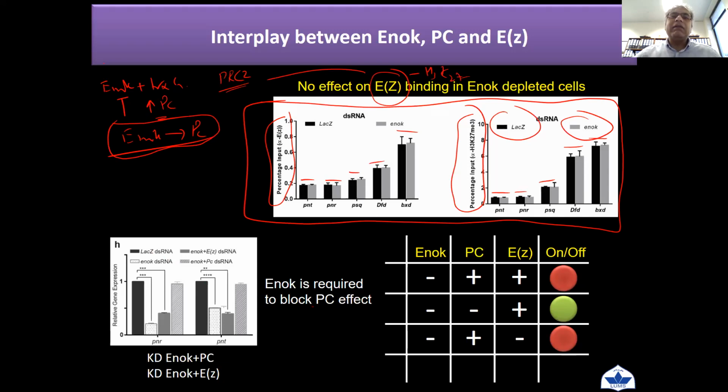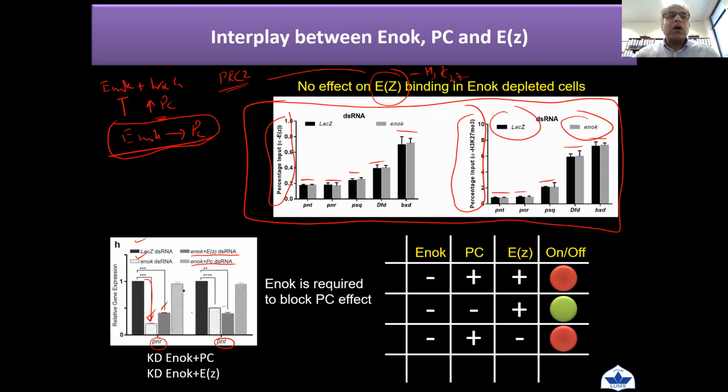So he designed a very tricky experiment in which he did double knockdowns. LacZ knockdown, Enoch knockdown, single knockdown, then Enoch plus E(z) knockdown, and Enoch plus polycomb knockdown. And what he showed is that expression of these genes, PNR and PNT, when you knock down Enoch, goes down like trithorax.